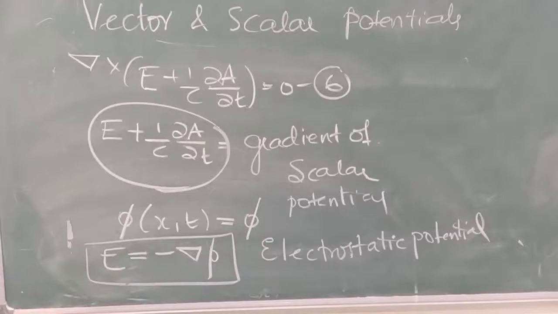Electrostatic potential also you should remember, that is E is equal to minus del phi. We know the value of A. Now taking equality for both the equations, after completing this.